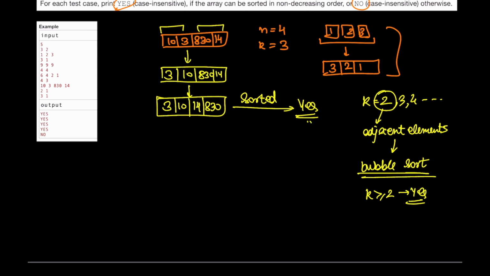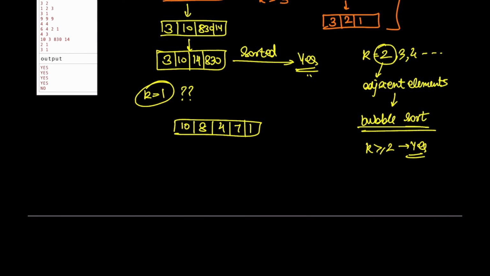Now what if k is 1? Let's take another example. 10, 8, 4, 7, 1. Suppose I want to sort this. Now since k is 1, the window size is 1.